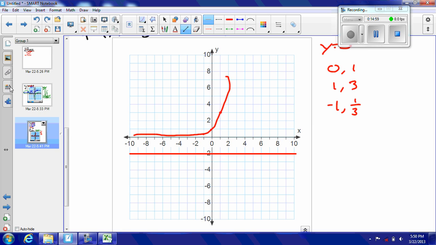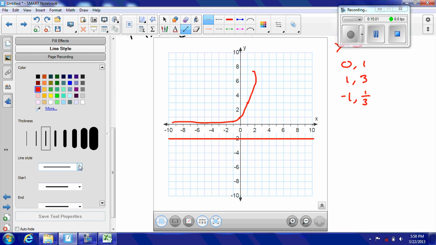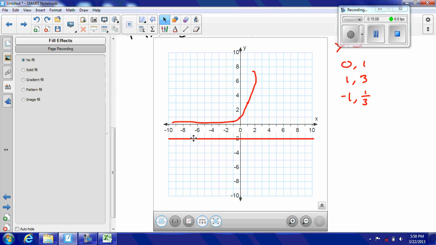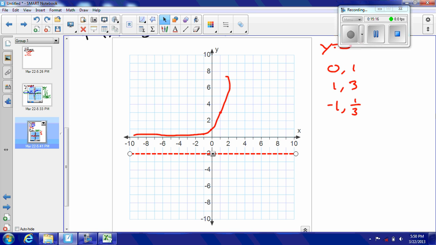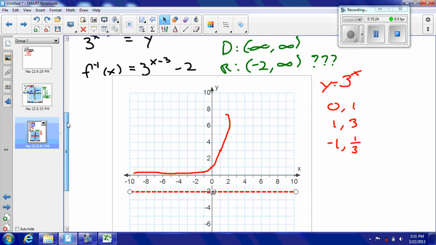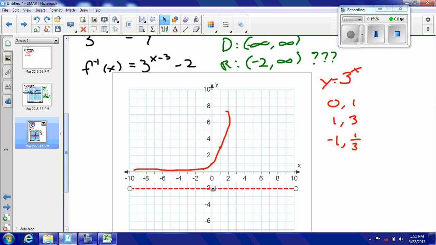Let's make it a nice dashed asymptote. And I'll move my points right 3 and down 2.